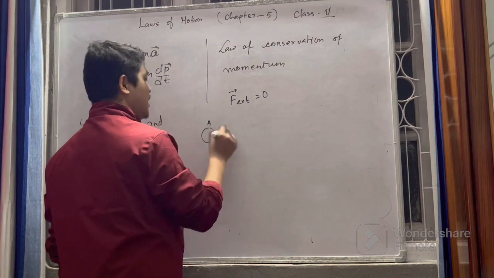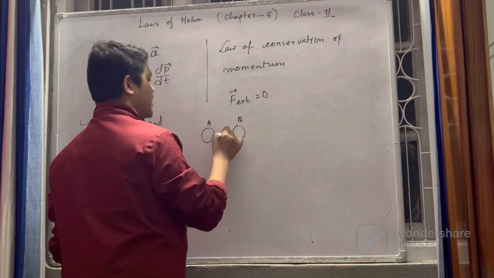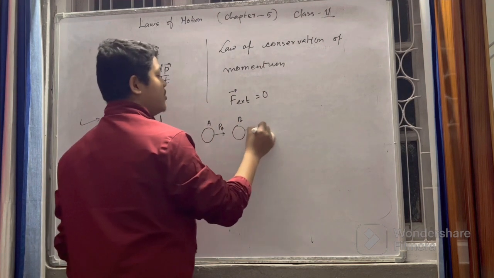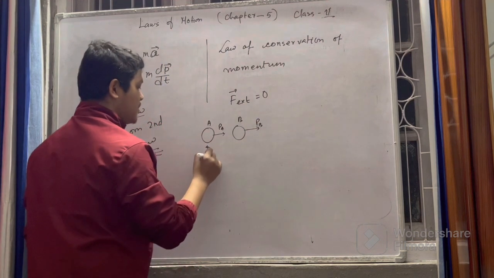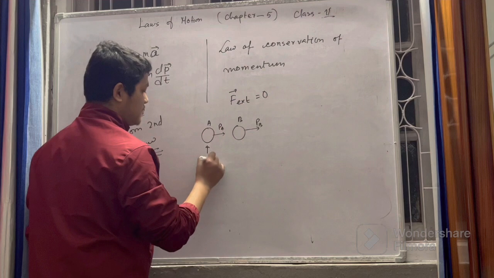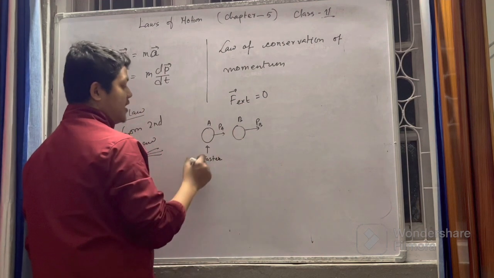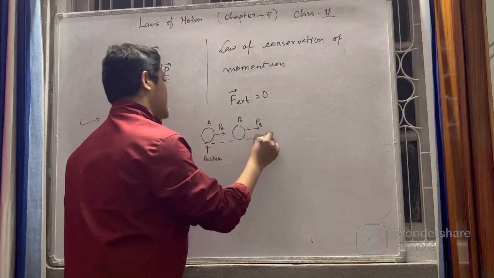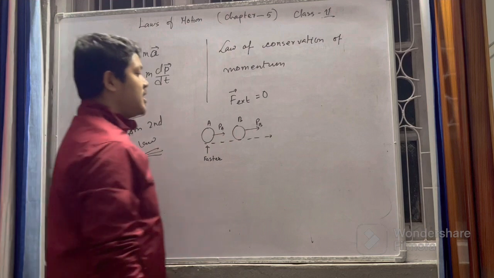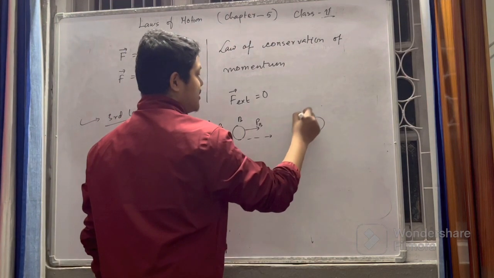This is ball A, and this is ball B. Its momentum is PA, and its momentum is PB, and A is moving faster than B, and they are moving in the same direction along the same straight line. So then what will happen? They will collide, definitely.